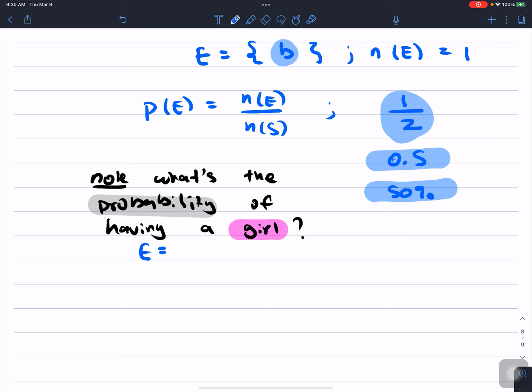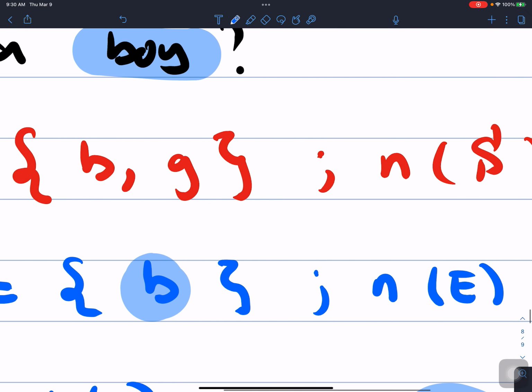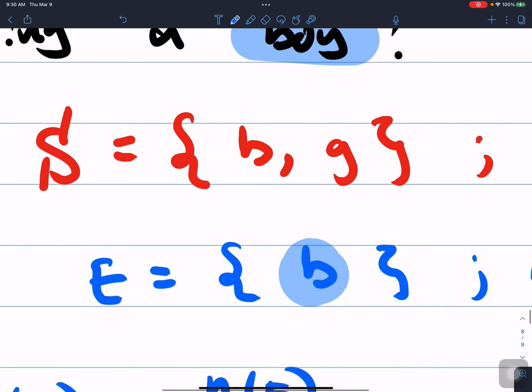My event E, just so you guys know, go to the sample space again. Here's my sample space, the list of all possible outcomes. Which one of these outcomes consists of having, or which is the girl, is what I'm saying? The G. Is that true?